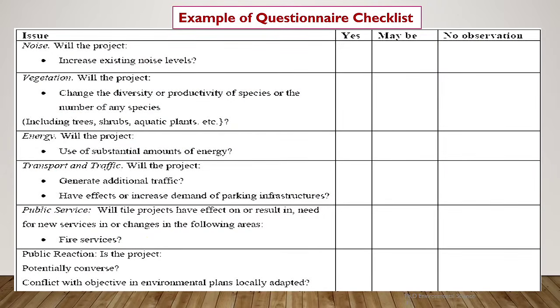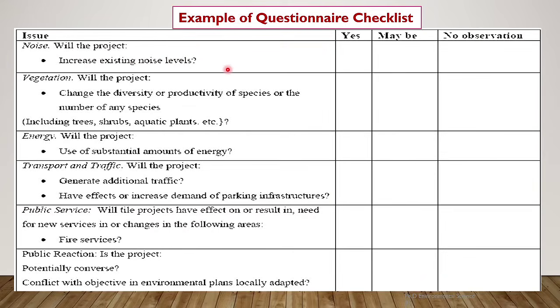Now, this is an example of a questionnaire checklist. This checklist helps in evaluating the potential environmental impacts of the proposed project. Each issue has corresponding questions that need to be answered with yes, maybe, or no observation. For example, for the first issue, noise: will the project increase the existing noise levels?